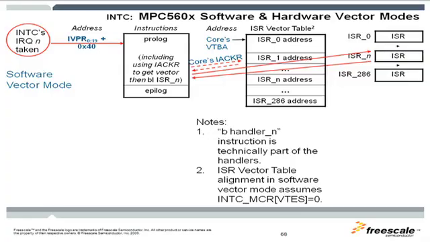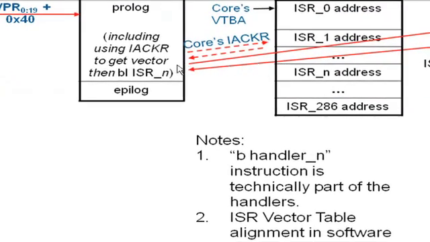So I store number 41 for right now. Then I go into this table of interrupt service routine addresses, get the address for vector 41, and then I branch to that ISR, which is just a C call. So it's just a C function, and the return of the C function comes right back to where I was, and now I restore registers.